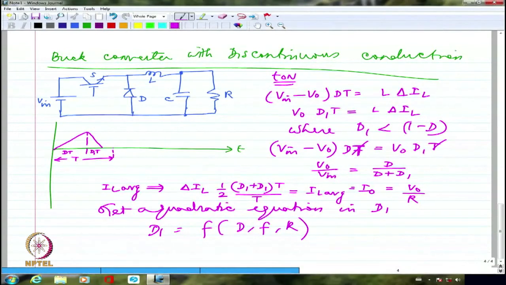And if the inductance given is smaller than L critical, you know it is already in discontinuous conduction mode for the given operation. And then you can calculate what is D1 and so on. So you can do it either way. Either you first solve for inductance current, or you solve for the inductance value, and then see whether it is above critical conduction mode or below critical conduction mode.